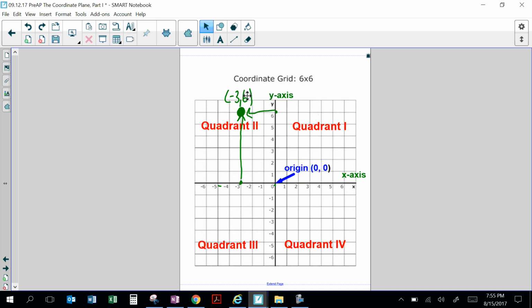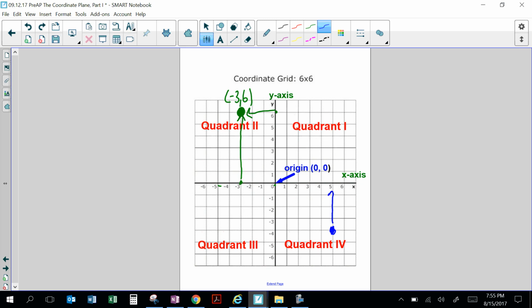Next one. I will have someone stand somewhere in quadrant 4. So a boy or girl will stand somewhere here. And then I'm going to ask that student, name your ordered pair. So how would he do it?